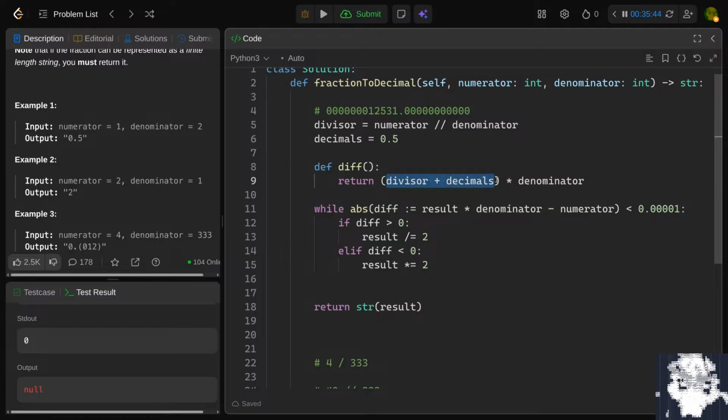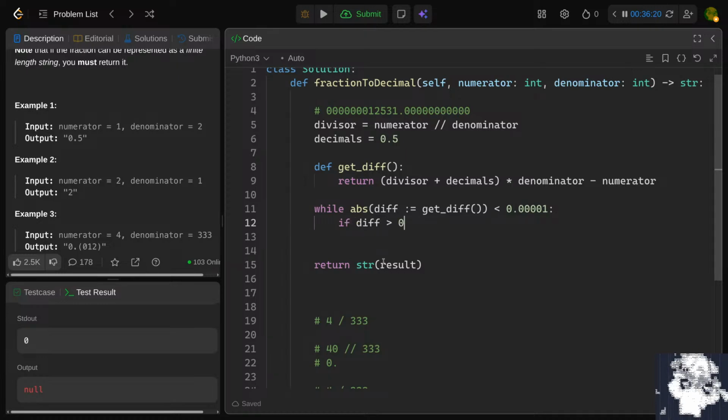So this is my result times the denominator, which should be equal to the numerator, minus numerator. So here what I'm saying is, call this get diff. Diff equals get diff. While that's less than some threshold, we'll figure out the threshold thing in a second.